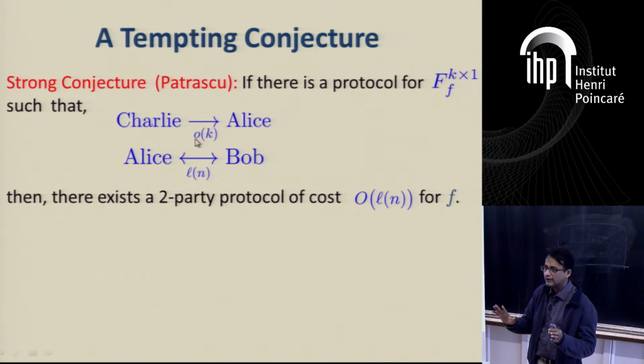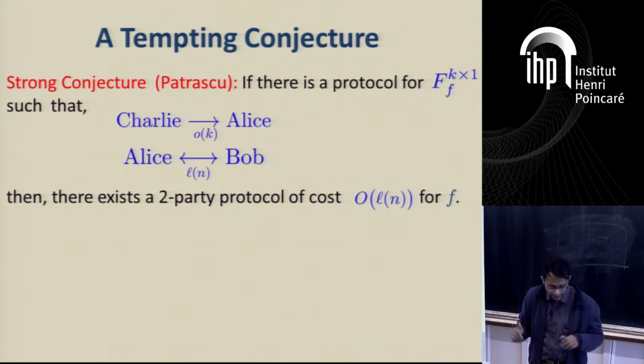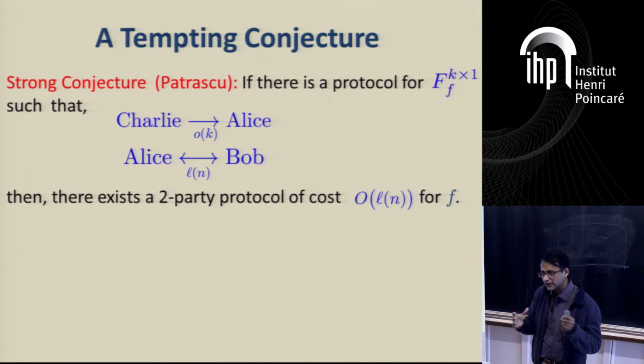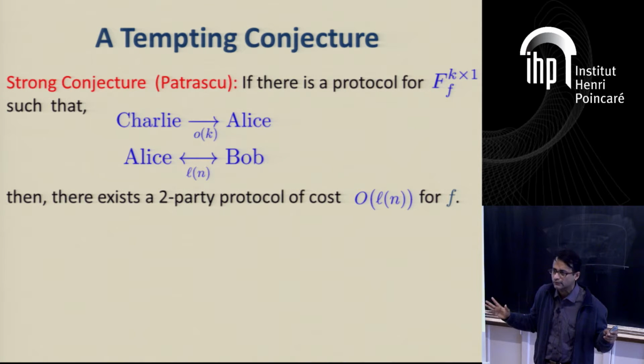So then, as I said, the intuition is I can kick Charlie out, right? And then Alice and Bob still solve the problem using L of n bits. Then there must be a two-party protocol of cost order L of n for f. Meaning, whatever post-Charlie communication happens between Alice and Bob can in fact be turned into a genuine two-party protocol without Charlie being there.